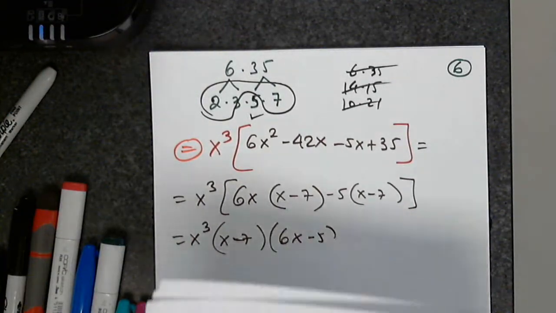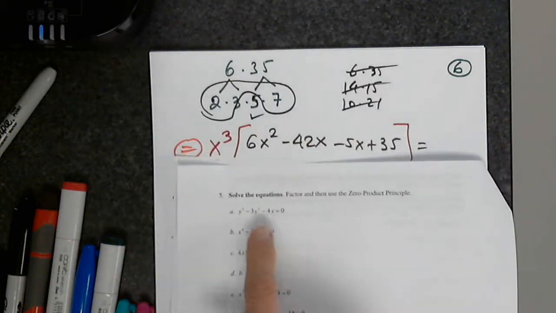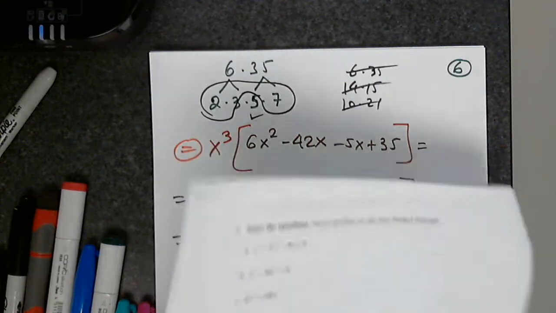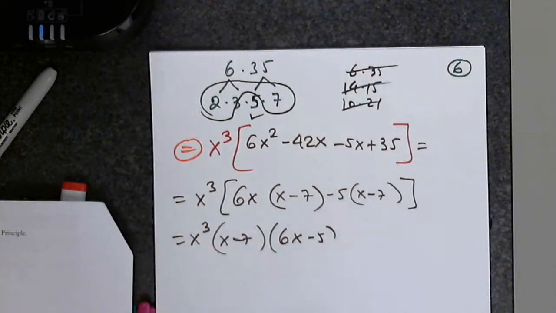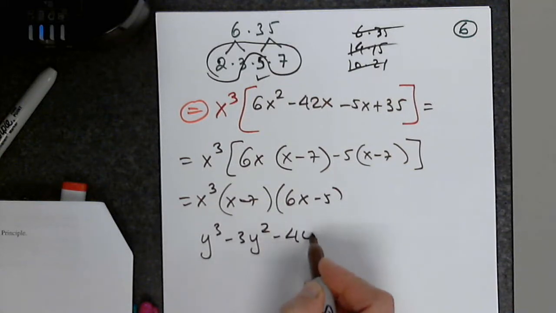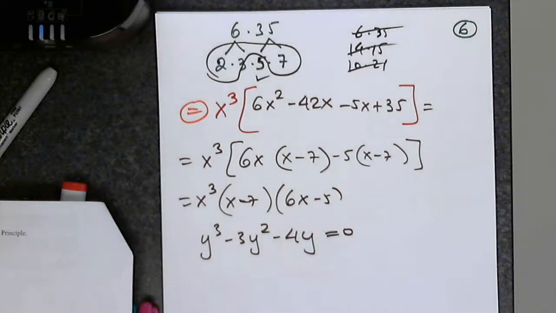Okay, last page. I want to solve some equations that have a higher degree. Okay? So let's take a look. y cubed minus 3y squared minus 4y equals 0. So the degree of this polynomial is? Very good.